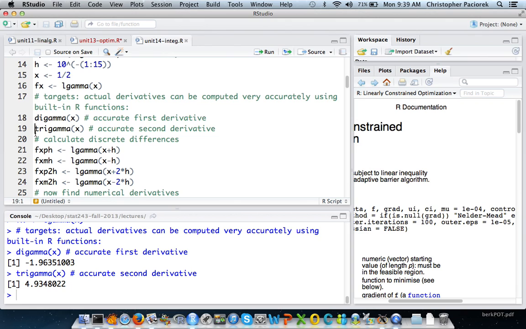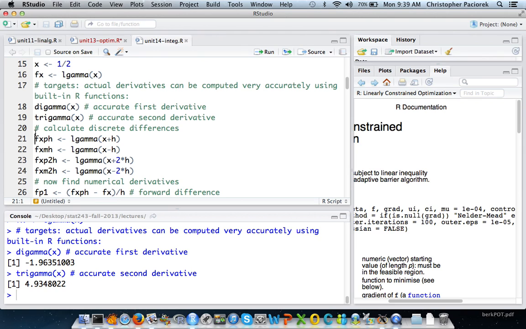Here are my values, pretty high precision estimates of the first and second derivatives at x equals 1/2. Now I'm going to do first and second forward difference and central difference for the first and second derivative as numerical estimates.